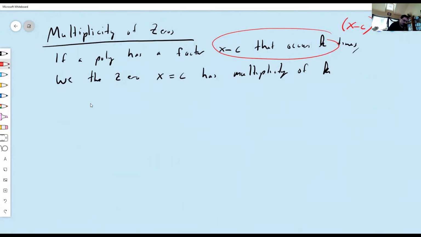So, let's find an example here. Find the zeros and state the multiplicity.